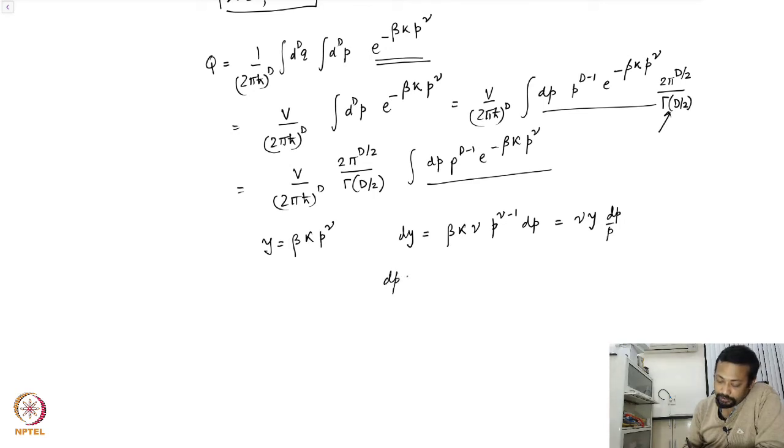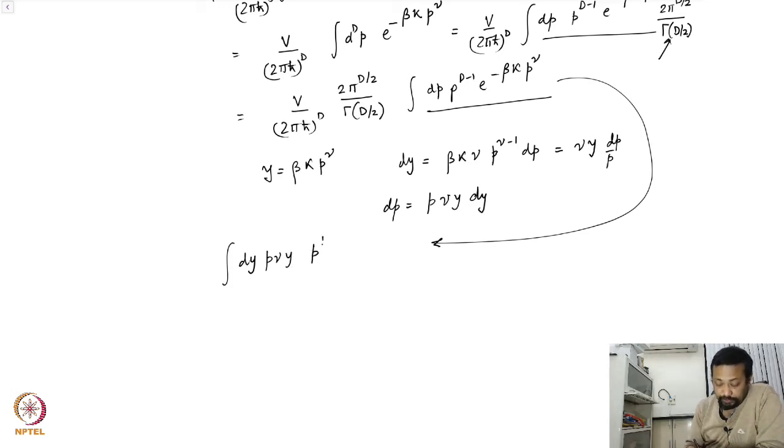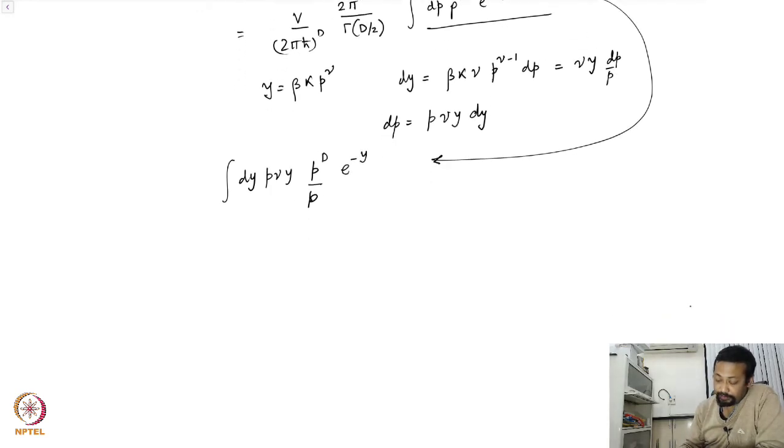So that dp, the change of variable, gives me p over nu y dy. In this integral, I have p to the power d minus 1, which is p to the power d by p, so that this p and this p are going to cancel out. That's why I wrote this differential in terms of p, and I have e to the power minus y.